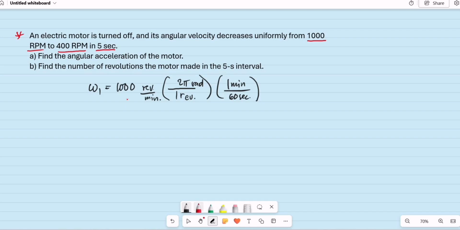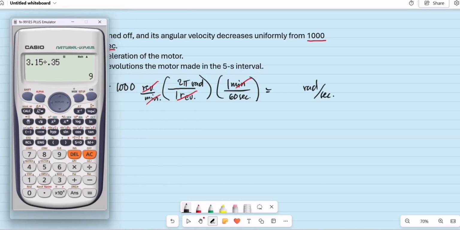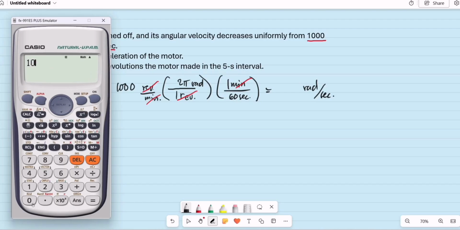If you do unit analysis, canceling revolutions and canceling minute, the equivalent units remaining will simply be radians per second. So what is the equivalent of our initial angular velocity? That is simply 1000 multiplied by 2 pi and then divided by 60.